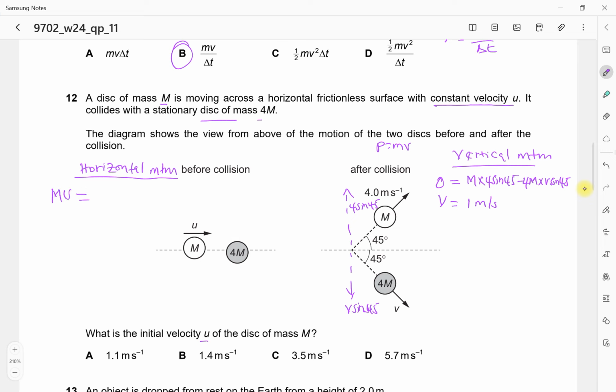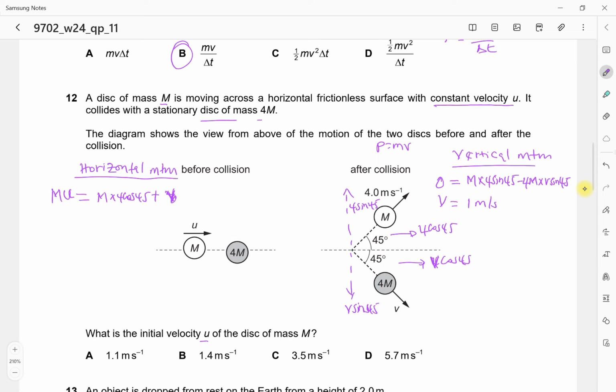This should be equal to, after the collision, we have to resolve in the horizontal. For this one, the velocity is going to be 4 cos of 45. For this one at the bottom will also be v cos of 45. So this is going to be m times 4 cos 45, plus the other one, which v is 1, of course.